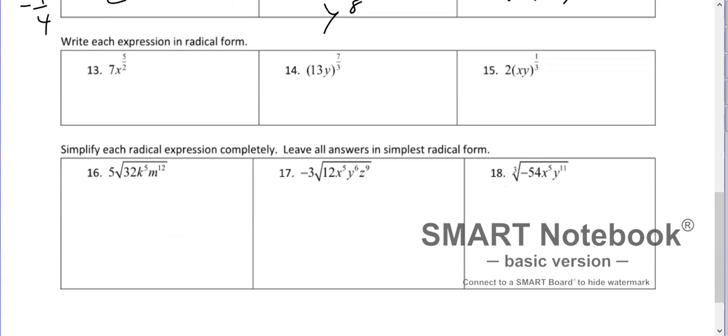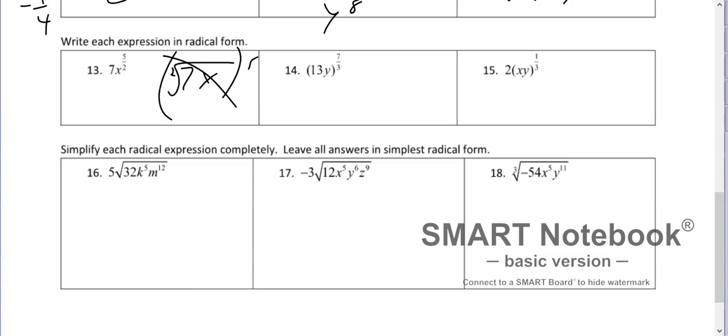Okay, on number 13, notice the difference between 13 and 14. On 13, there is no parentheses, and the 5/2 just goes with the x. On 14, the 13 and y are in parentheses. So the most common mistake, I'm going to write it here, the most common wrong answer is this. That's wrong. Don't do that.